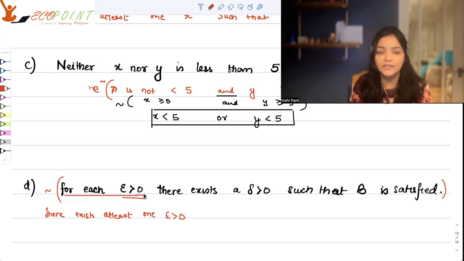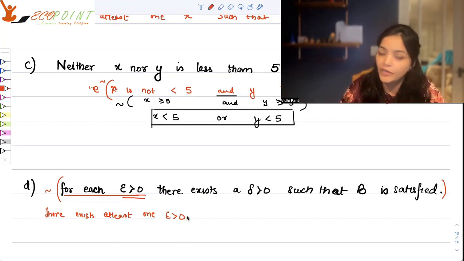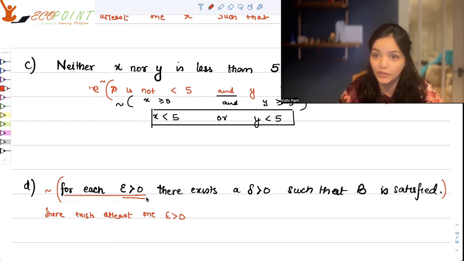Epsilon greater than 0 is the domain of the statement. You don't talk about real numbers and give a counter of complex numbers, right? So for each epsilon greater than 0, my statement was universal. So when I have to counter, I just require one epsilon greater than 0.